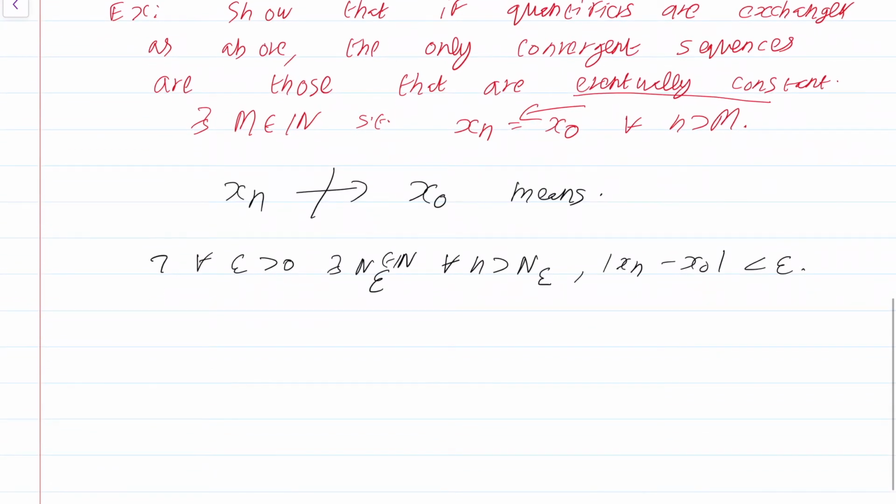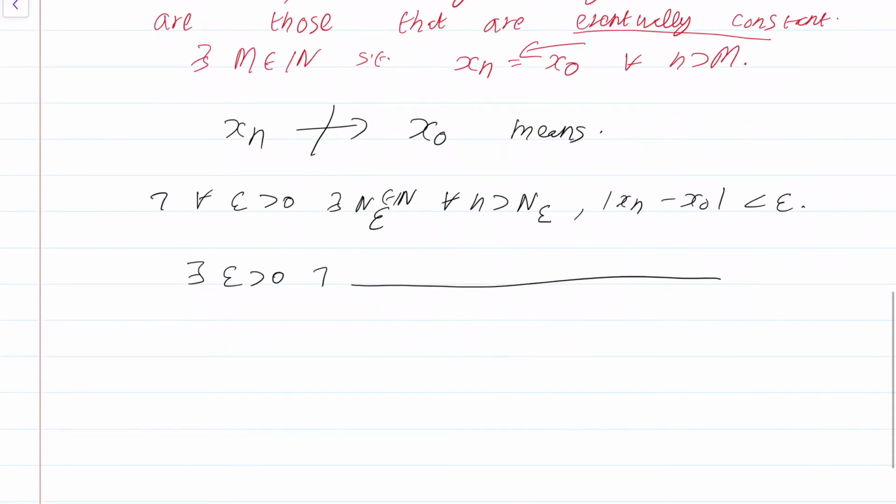Now, when you first push the negation inside the for each epsilon greater than 0, what we get is there exists epsilon greater than 0, then negation of the rest of the statement. Now you push it inside the part there exists n epsilon in N, so that gives you there exists epsilon greater than 0 for all n epsilon in N, then negation of the rest.